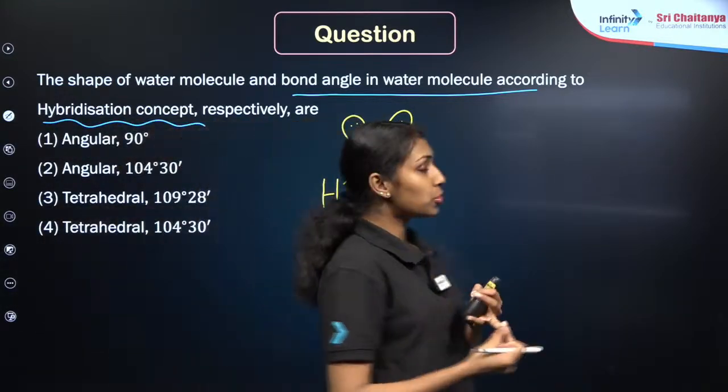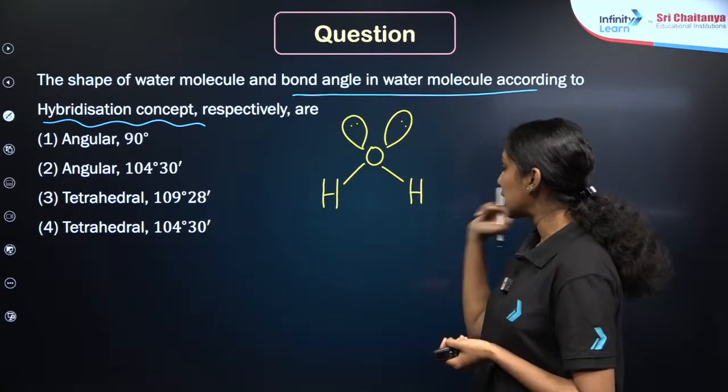In the case of the water molecule, 2 lone pairs are present, right? 2 lone pairs are present in the case of the water molecule.